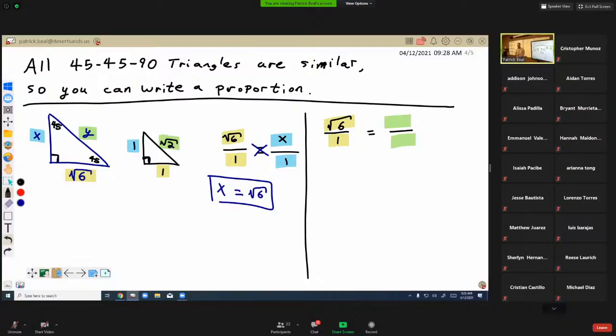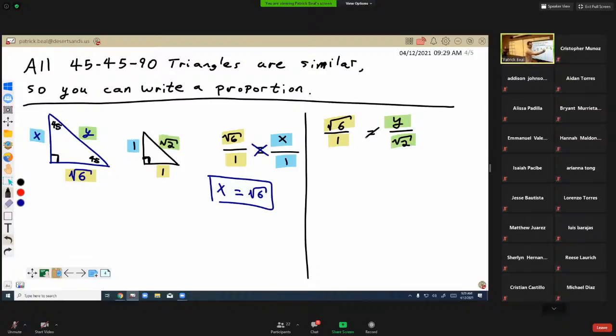Alexis, do you have any thoughts? Yeah, there you go. You knew it. Y over the square root of 2. Perfect. So we got the square root of 6 over 1 is equal to y over the square root of 2. And then we would cross multiply.